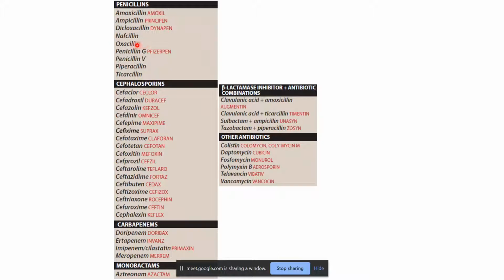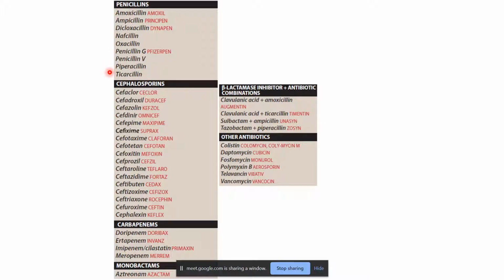The other penicillins like penicillin G and V are seldom used because they are mostly injectables, and then nafcillin and oxacillin are also rarely used. We will get to that later.